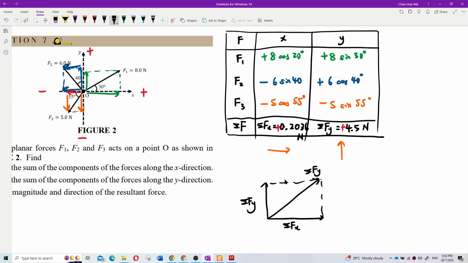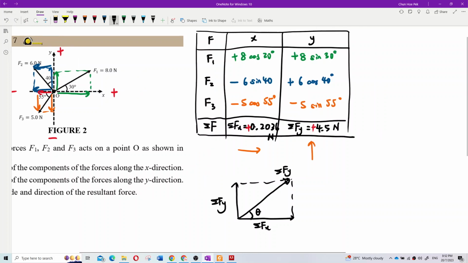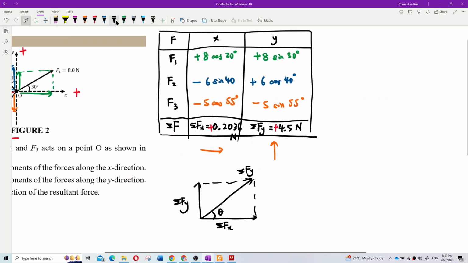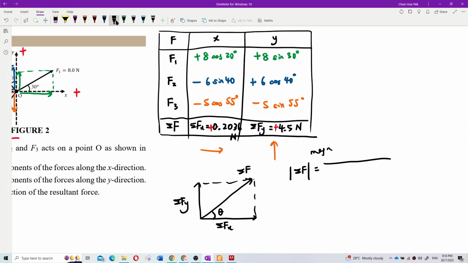Understand? So we need to find the angle theta later. First we use the Pythagoras theorem for total F. We find the magnitude of the force first, later we find the direction.